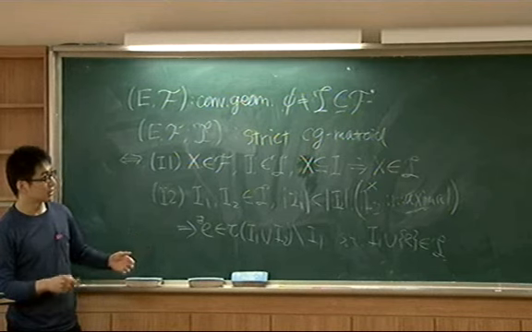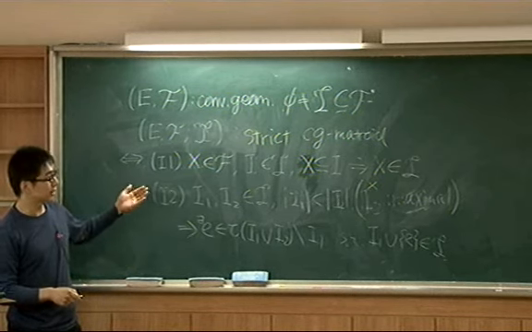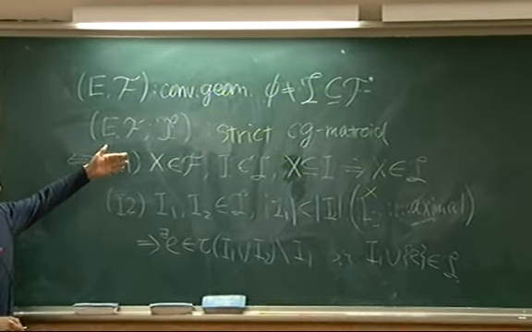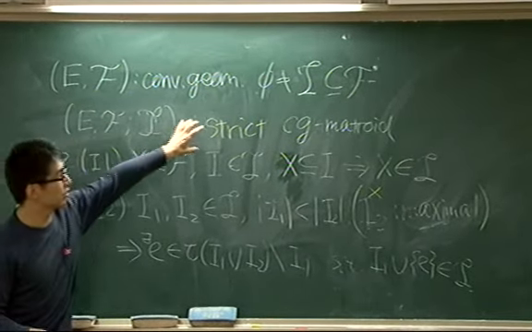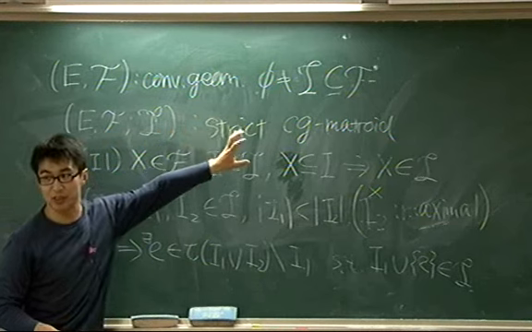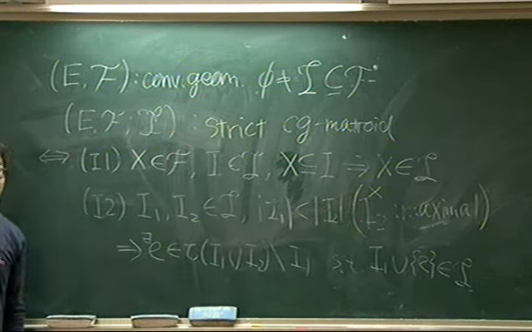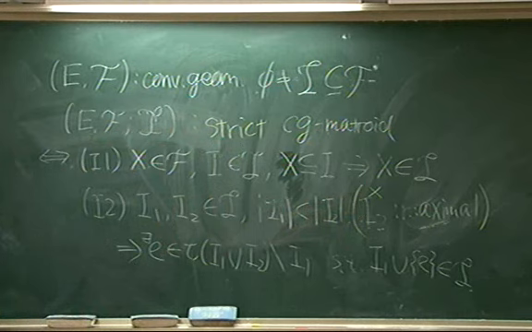So this example does not satisfy the definition of strict CG matroid. But of course, if we assume this one, it satisfies. So this is not a strict CG matroid.